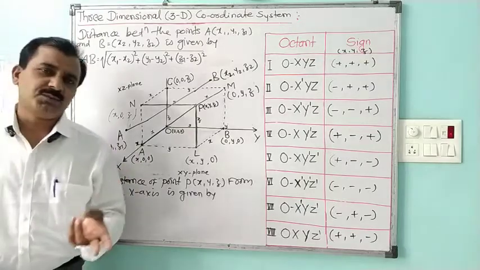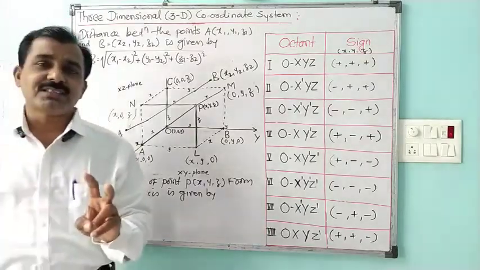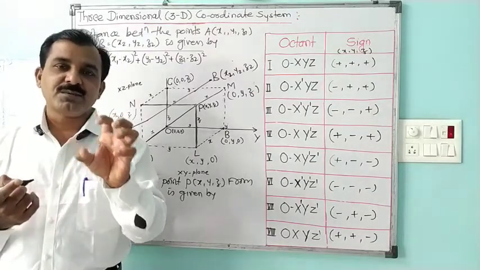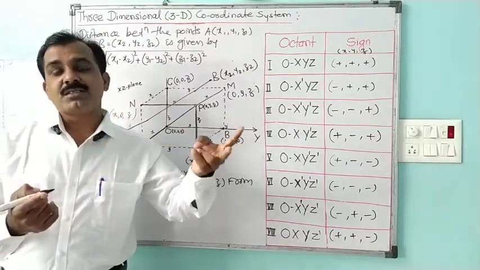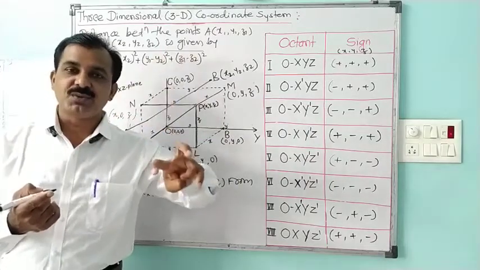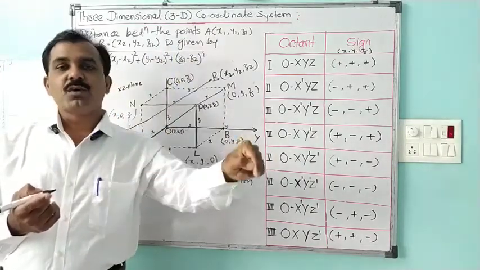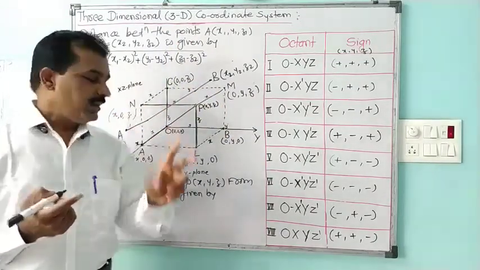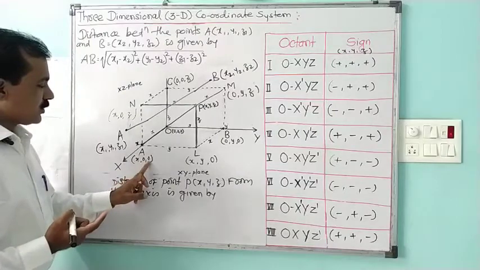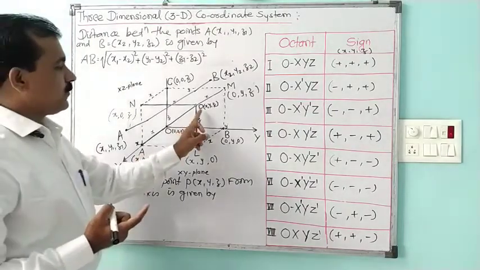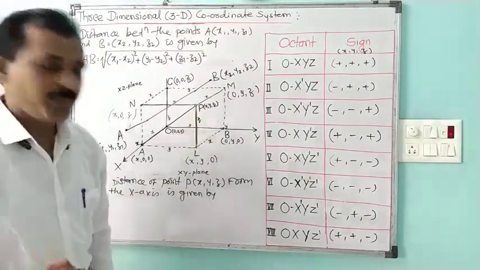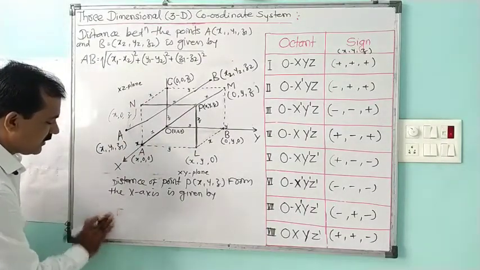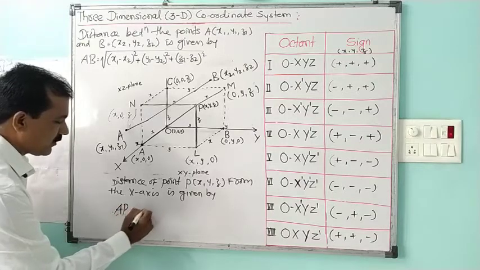In another way, when a point is on the x-axis, the first coordinate is meaningful, with some number, and the remaining two coordinates will definitely be 0. The y coordinate will be 0 and the z coordinate will be 0. So when x, 0, 0 are the coordinates of point A and x, y, z are the coordinates of point P, by the same distance formula the distance from A to P can be evaluated.